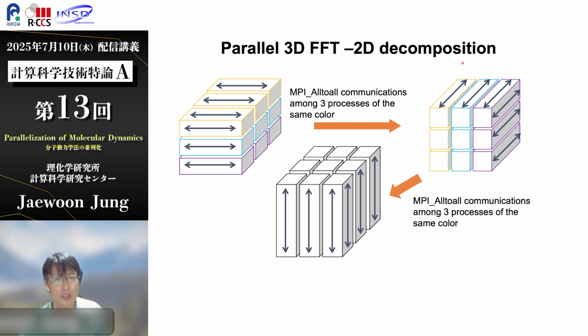This is also named pencil decomposition because the shape of each processor's data is a pencil shape. First of all, each processor has data of this pencil shape, and they perform FFT in this direction. Next, we want to perform FFT in this direction. In this case, we need a communication.